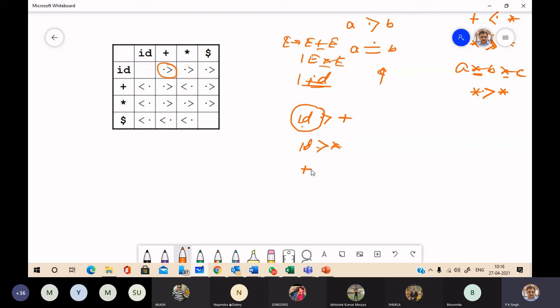But if you see plus and ID, then first you have to handle this ID. Similarly, for plus and plus, the relation is this, meaning the leftmost operator will operate first. So we have this relation.